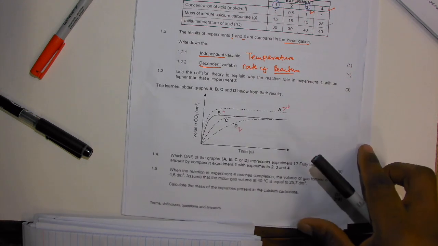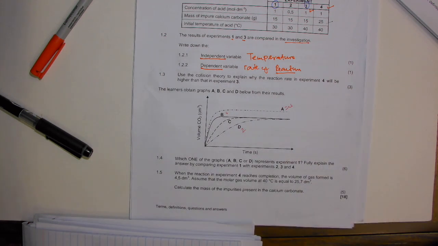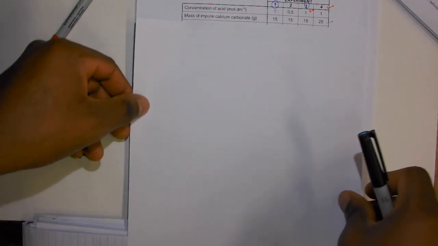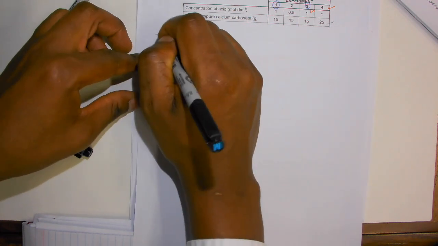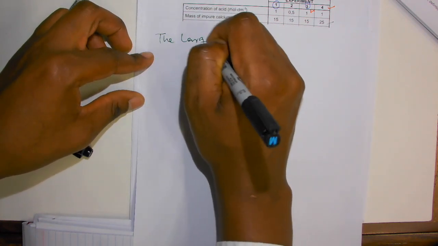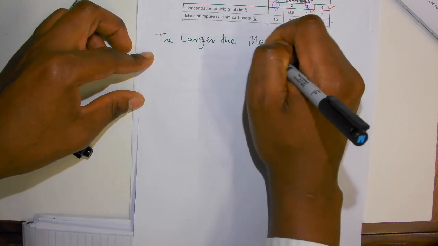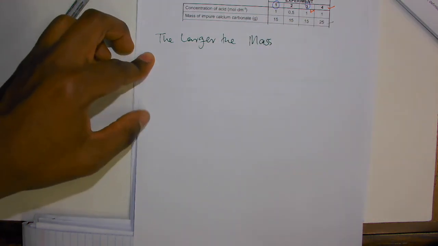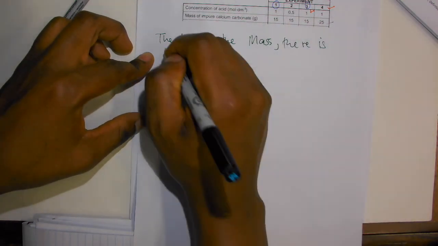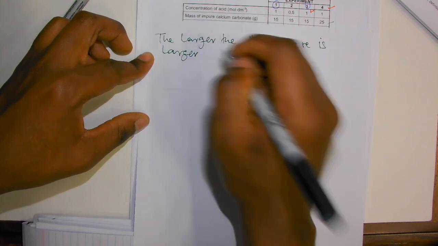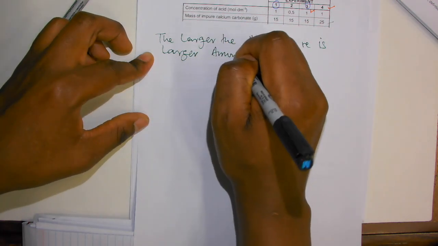So once you increase the mass, what do you increase? You increase the surface area. Be able to explain that. So what we will say here is, the larger the mass means there is a larger amount.